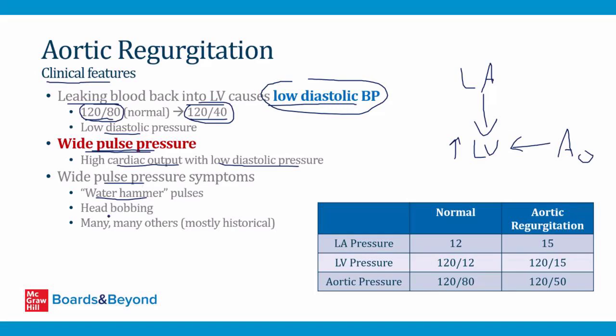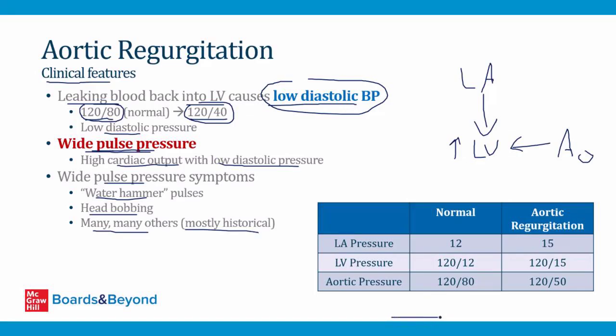In some patients with untreated aortic regurgitation, the diastolic pressure would get so low that they would get dizzy, and so their head would bob every time their cardiac cycle went into diastole. And then there are many, many other clinical findings of chronic severe aortic regurgitation. These are mostly historical. They're pretty low yield for step one, but you can look them up if you wish.